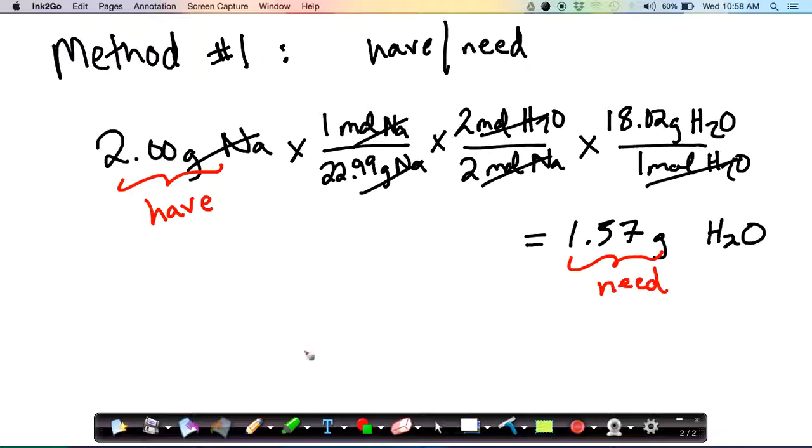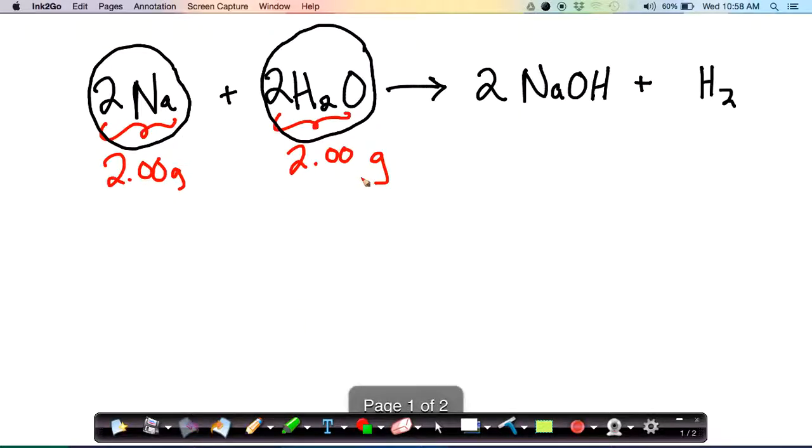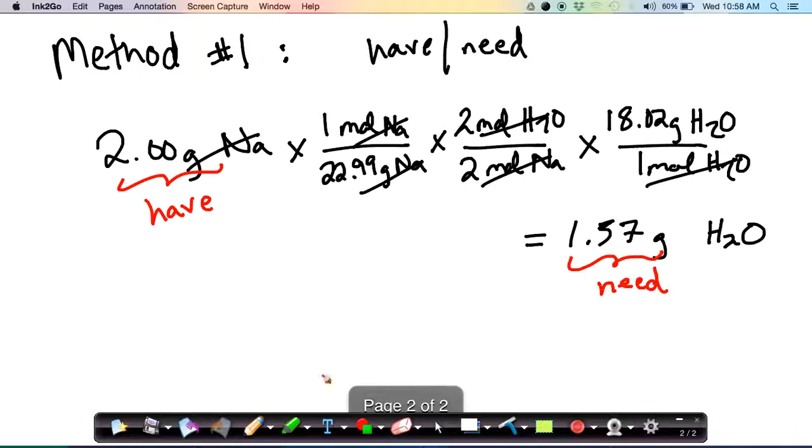So what I'm going to do is compare that mass of water to the mass that I have available, which is 2.00 grams. And what I find is that 1.57 is less than the amount of water available in this reaction. So what we need is less than what we have. And that means that the sodium is going to run out first.